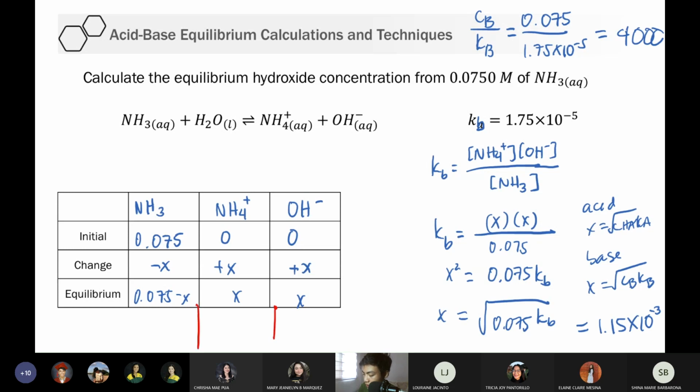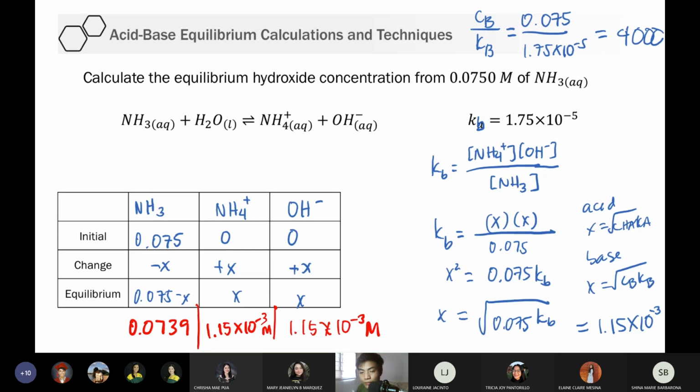Let's plug it here. 1.15 times 10 raised to negative 3 molar. And ito, yung ammonia, that will be 0.0739. Yan yung kanyang final concentration.